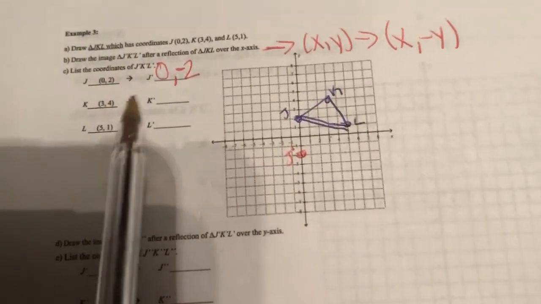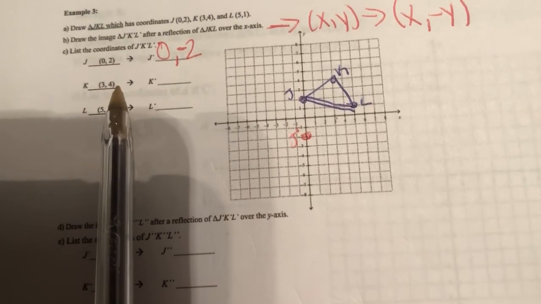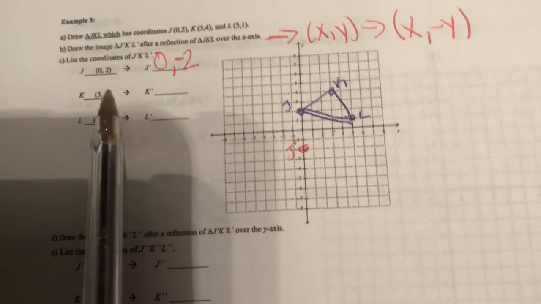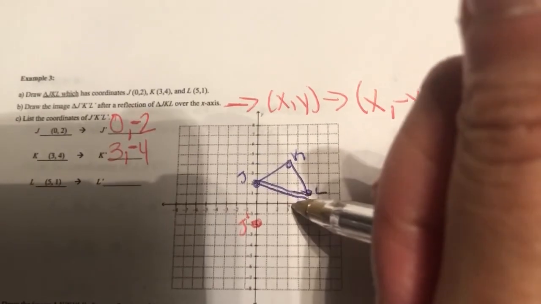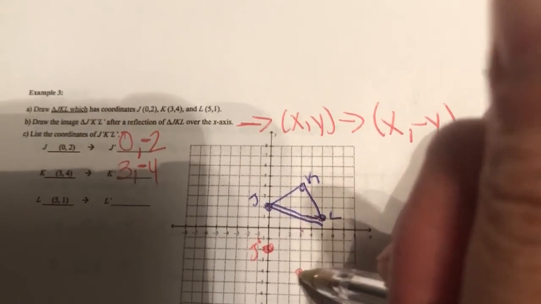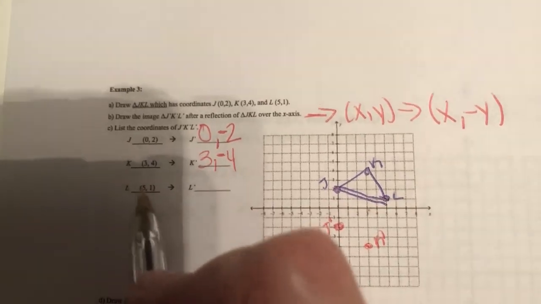Now I'm going to do the same thing for K. X is the same, and y is the opposite. So I have 3, negative 4. 1, 2, 3, and I'm going to go down to negative 4. And for L, I'm going to do the exact same thing. X is the same, which is 5, and y is the opposite, negative 1.